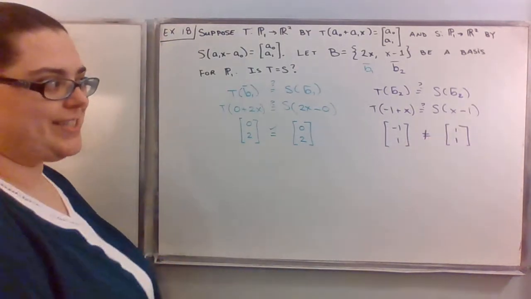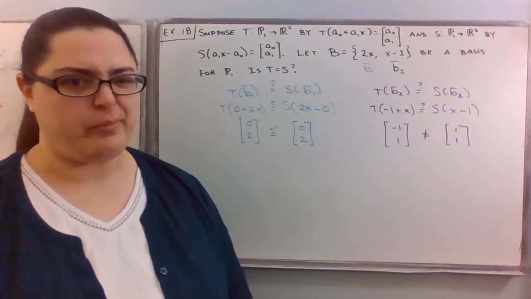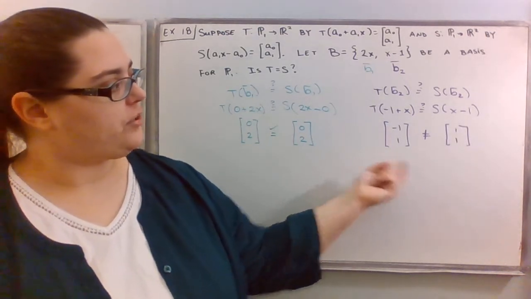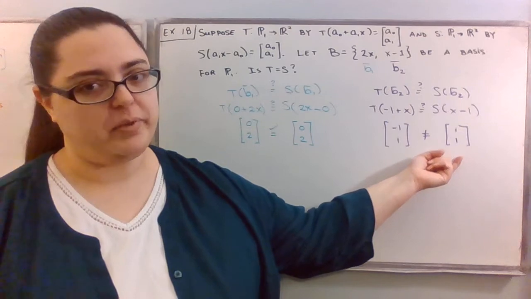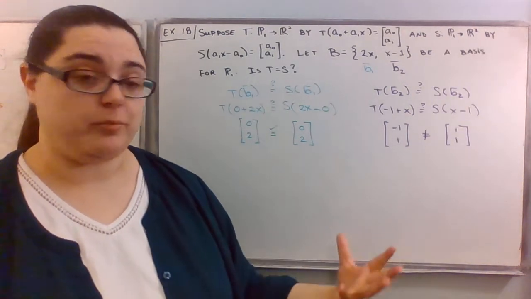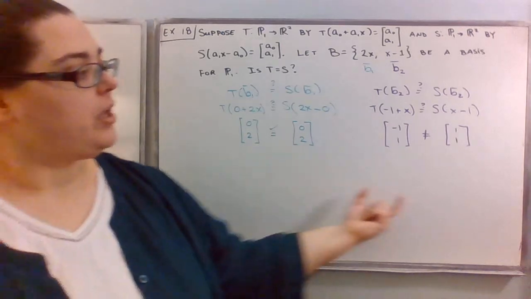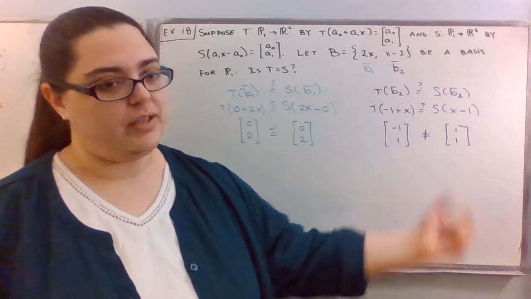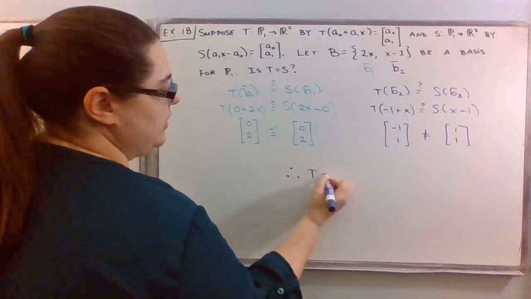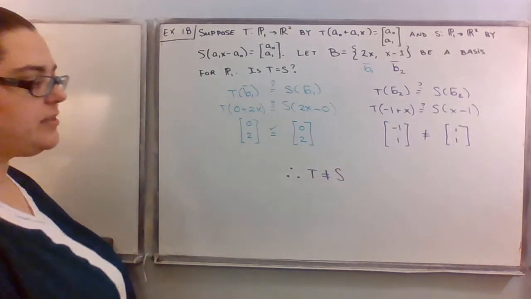So those are not the same. Oh, bummer. This means that T of b2 is not equal to S of b2. So T and S send the basis elements to different places. It sent these to the same place, but it's going to send this one to a different place. Therefore, T is not equal to S.